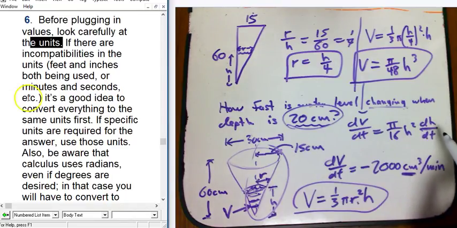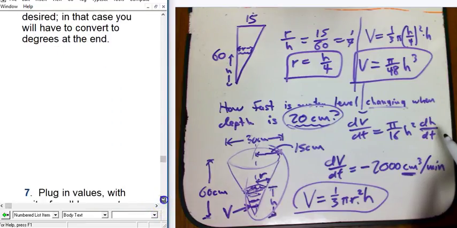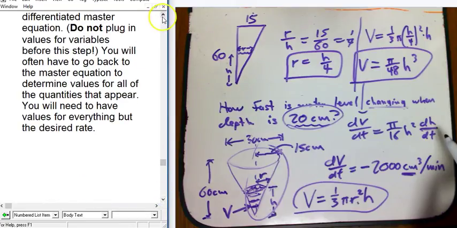That seems fine. There are no issues about radians or degrees, though there are a lot of angle problems where you'd have to worry about that. Now we're going to plug in the values.